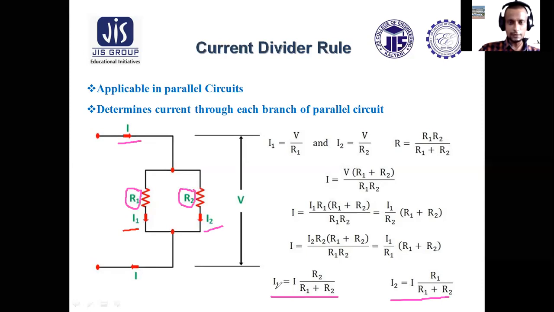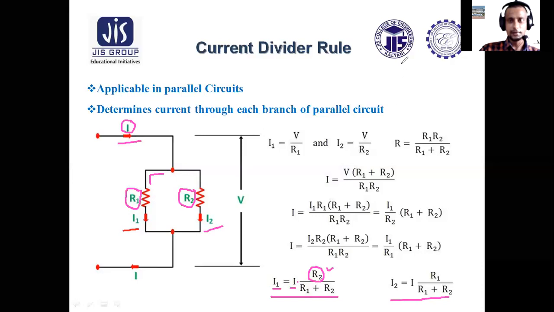This formula says I1, that is the current through R1, equals the total current I, which is getting divided, multiplied by the opposite resistance. I1 is the current through this path, so which one is the opposite resistance of R1? That is R2. So R2 will be in the numerator, divided by the sum of the resistances, R1 plus R2.